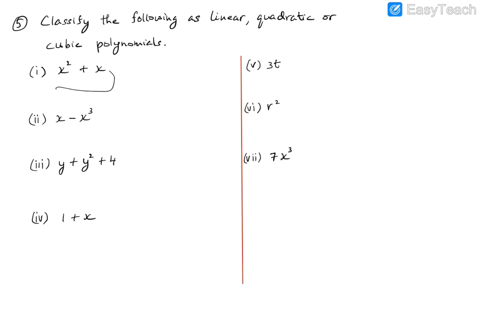So if we look at the first expression here, the highest degree is 2. So therefore it is a degree 2 polynomial, and degree 2 polynomial means it's a quadratic polynomial. So this is degree equals 2, and therefore it is a quadratic polynomial.